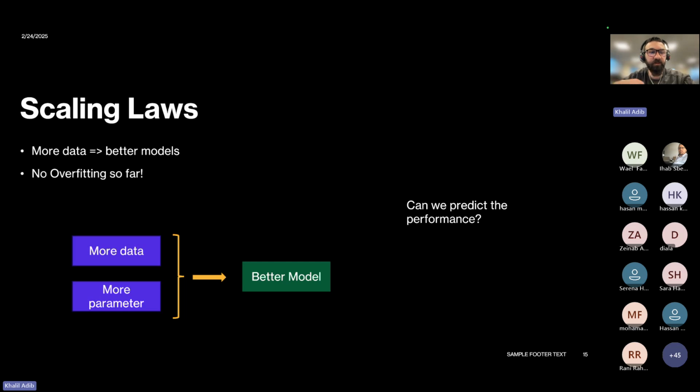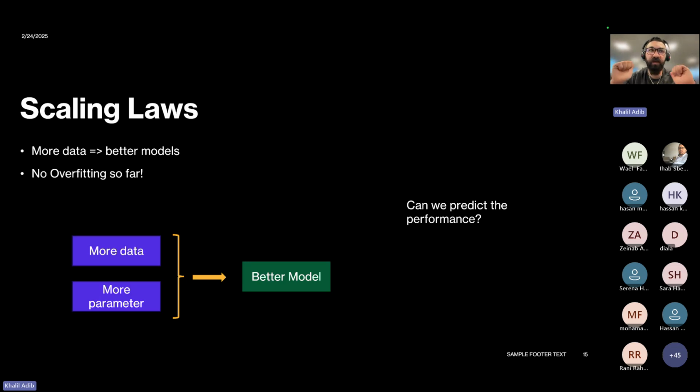Then GPT-3.5, Claude 2, Claude 3, and all of these models. Llama started with 8 billion, then 70, then 90, and then 400-something billion parameters. DeepSeek has 671 billion parameters. So we're still in the regime where more data, more tokens, more parameters give you better models.